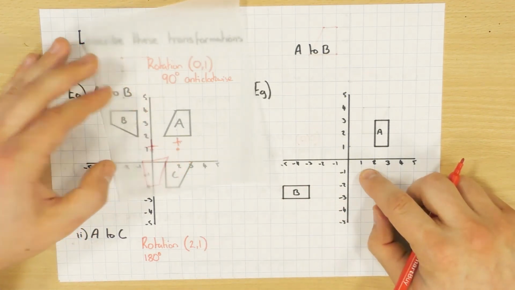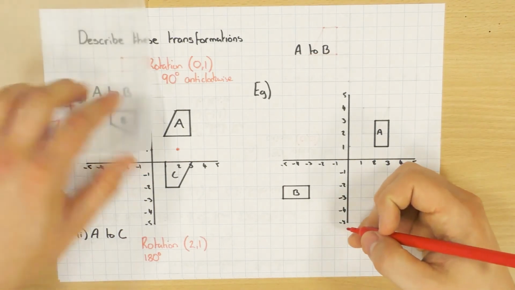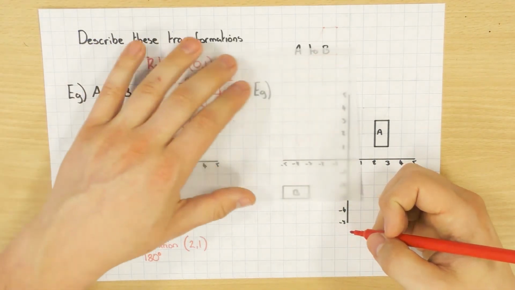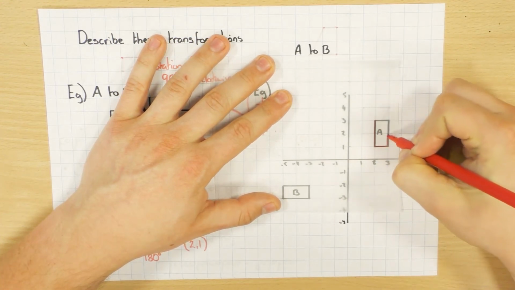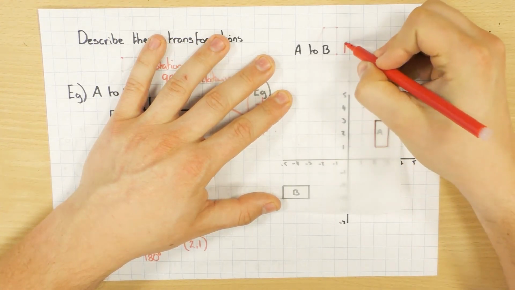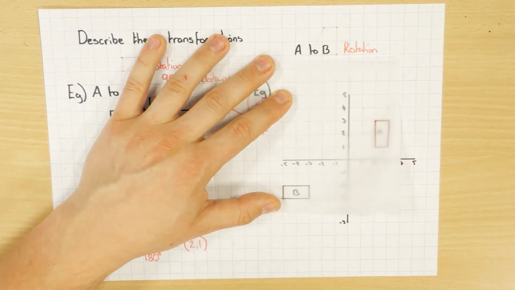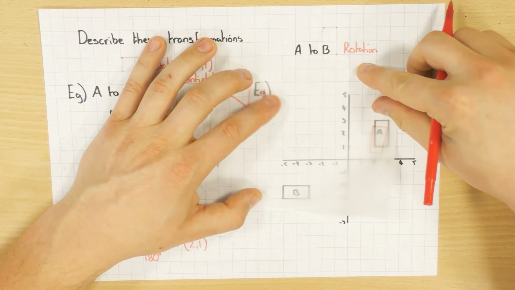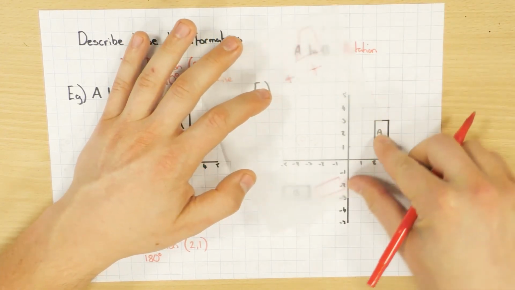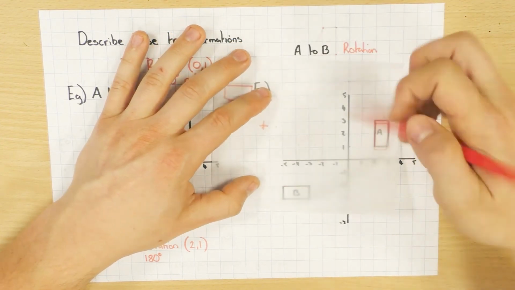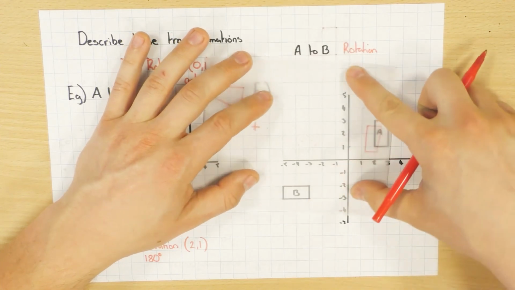Okay. And I've just got this last one here, A to B, because this one is tricky to try and find. So just as before, trace the shape. Let's make sure we say it's a rotation. And this is quite hard to see. If I just do it with the tracing paper, like so, hopefully you can see it's going to be somewhere up here where that rotation is going to be.